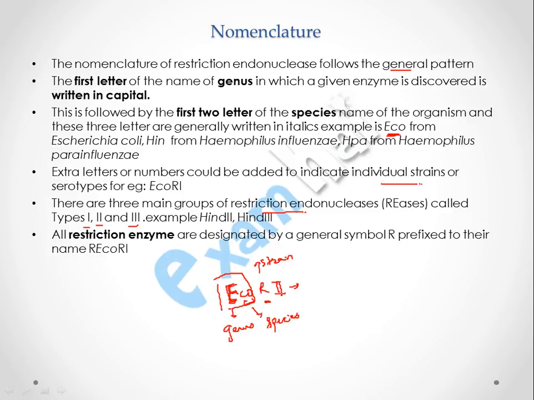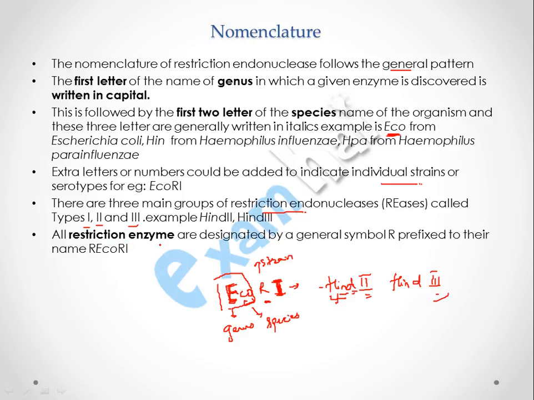This is type 1, written in Roman numerals for the endonuclease. Then there is type 2, like in HindII, HindIII. This is the type 2 endonuclease, this is the type 3 endonuclease. H is the genus name, which is Haemophilus. In is the species name, which is influenzae. D is the strain name, and type 2 and type 3 is the type of restriction endonuclease.